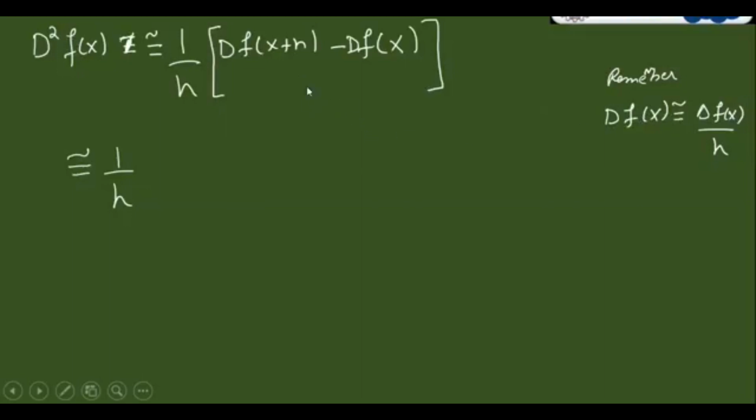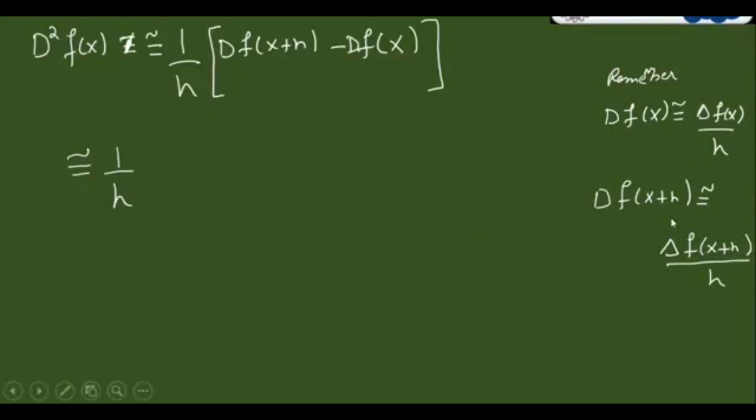So if there is f of x plus h, there should be del f of x plus h. Let me write down separately first before going to the equation. If this is the relation, then f of x plus h must be approximately equal to forward of f of x plus h upon h. Why?